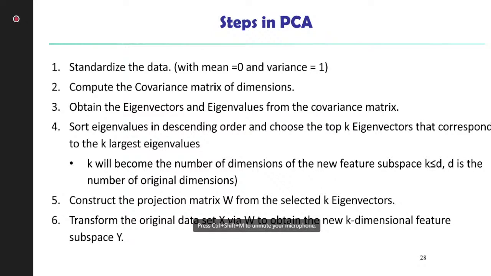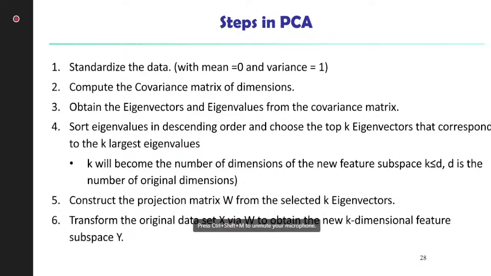So we calculate the eigenvalues and eigenvectors, where the eigenvector is the direction of that principal component, and the eigenvalue is how much information it carries, the magnitude of that vector. So eigenvalue and eigenvector represent the magnitude and direction of that principal component.